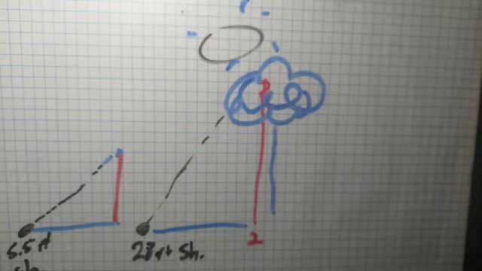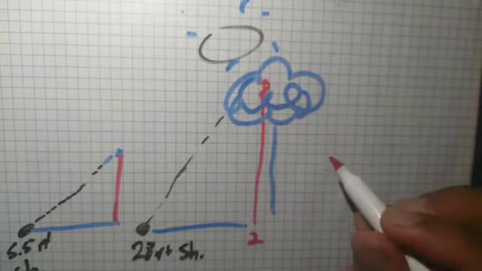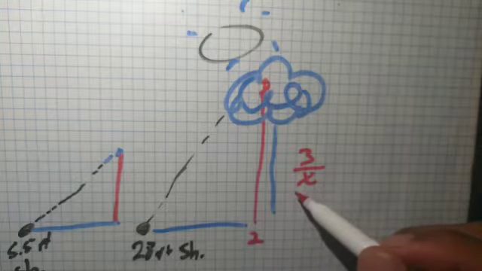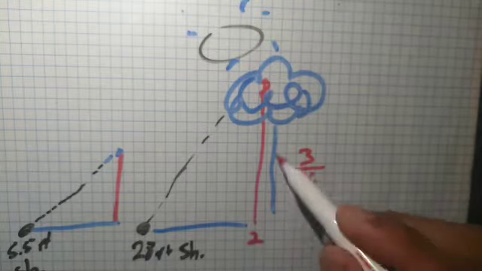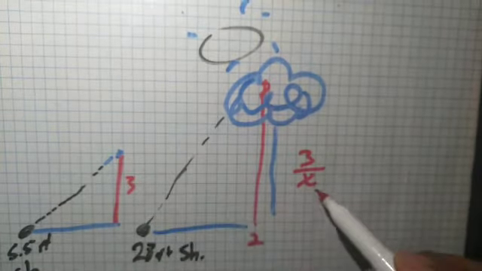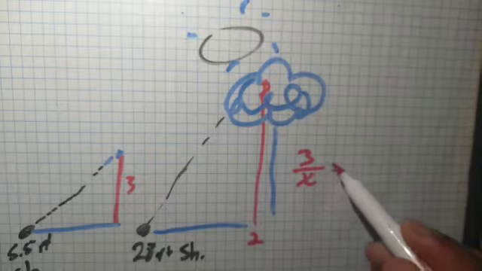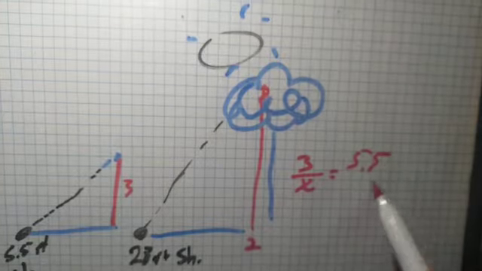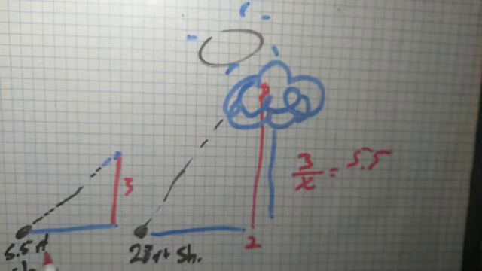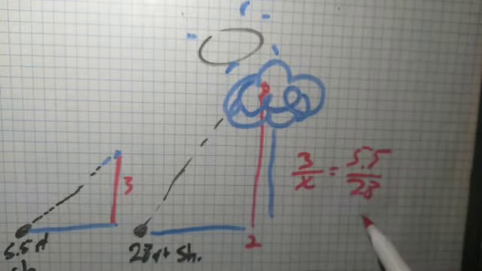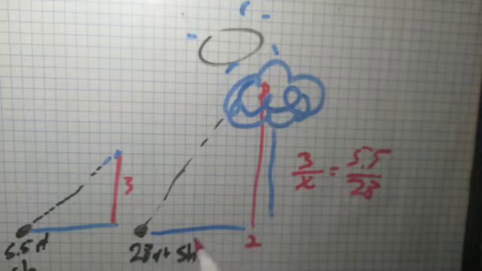Well, we can put it into a nice little solution right over here, which I think the book had as 3 over x. x is the unknown height of the tree, and 3 is the height of our yardstick, is equal to 5.5, which is the length of the shadow of our yardstick, divided by 28, which is the length of the shadow of our tree.